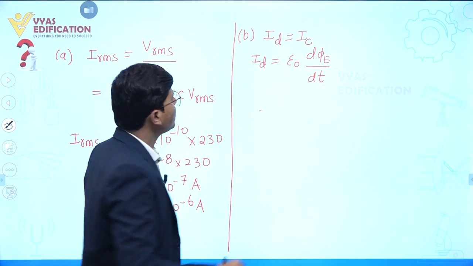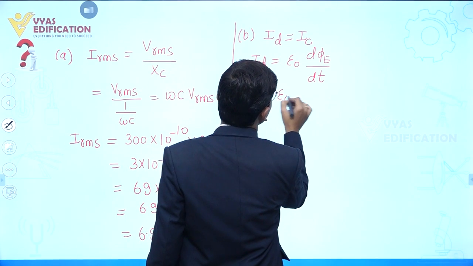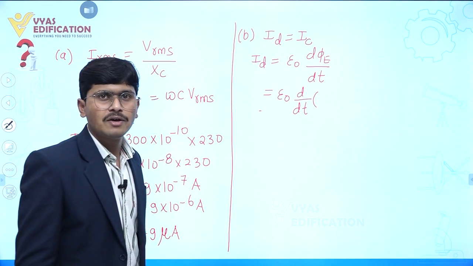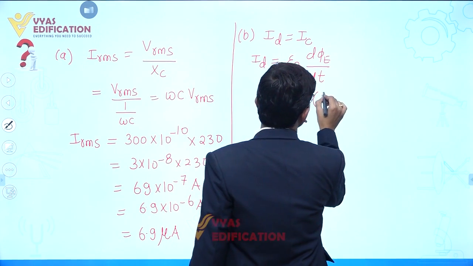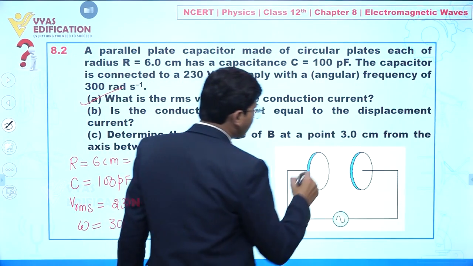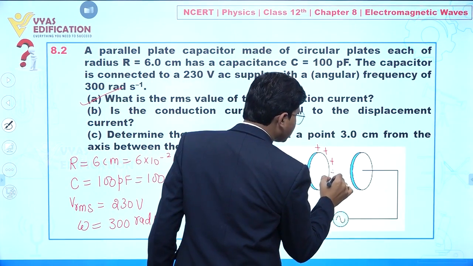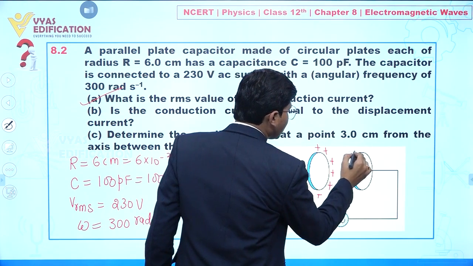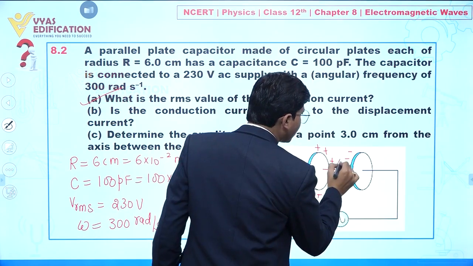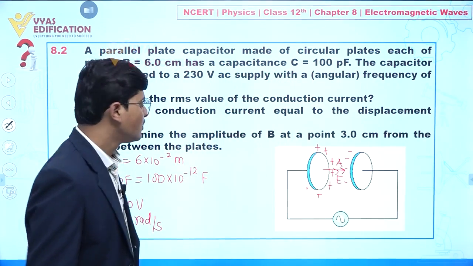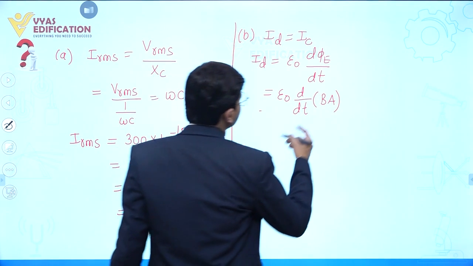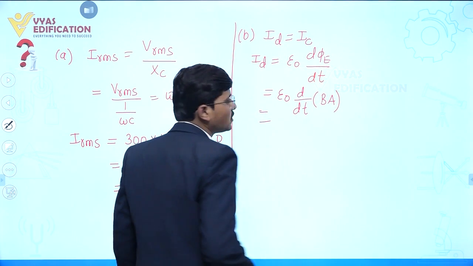So from here we can write this as epsilon naught d by dt, and phi E is equal to E dot A. Now listen carefully. Let's suppose at a certain instant of time we have positive charge on one plate and negative charge on the other. So the electric field is in this direction, and the area vector is also perpendicular to this circular surface. Both are in the same direction, so directly we can say the angle between them is 0.